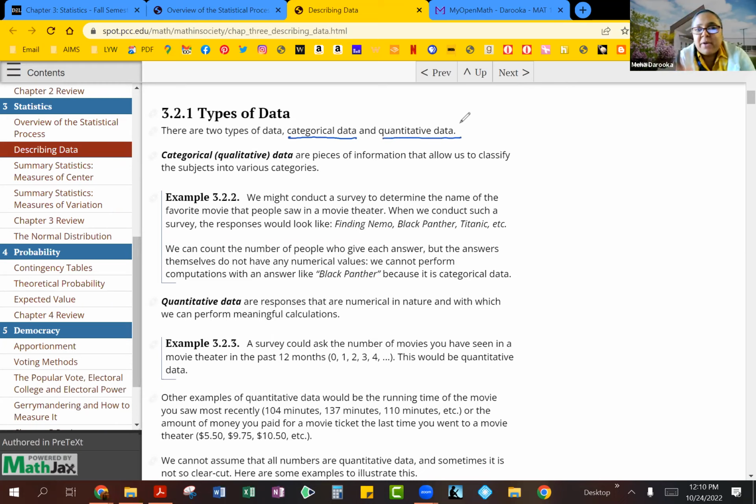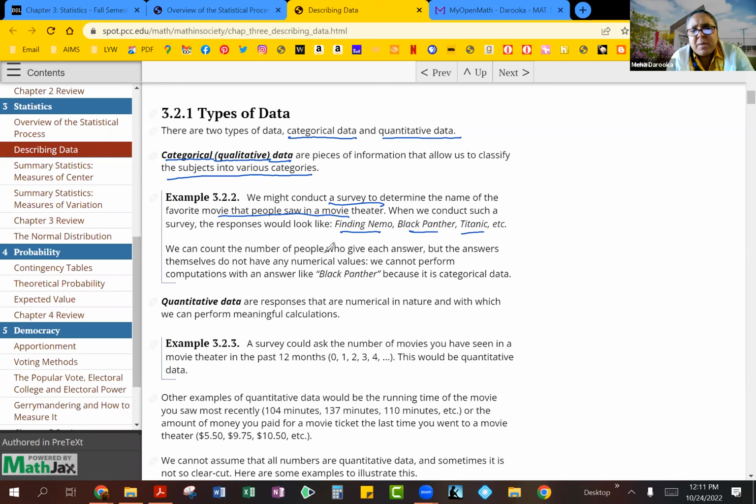When we're talking about categorical, which normally we actually call qualitative, qualitative data are the pieces of information that allow us to classify our subjects into various categories. So you're able to put them in categories. We might conduct a survey to determine the name of the favorite movie that people saw in a movie theater. The responses could be the names of the movies, Finding Nemo, Black Panther, Titanic.